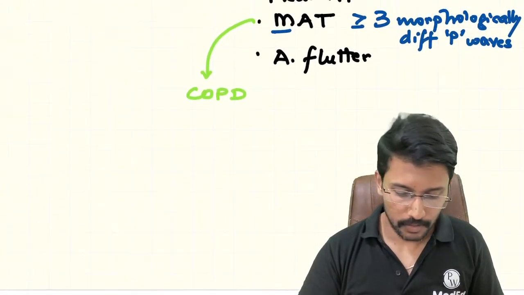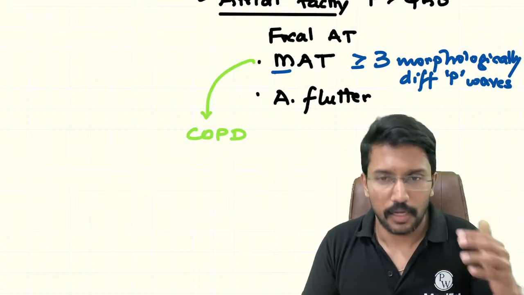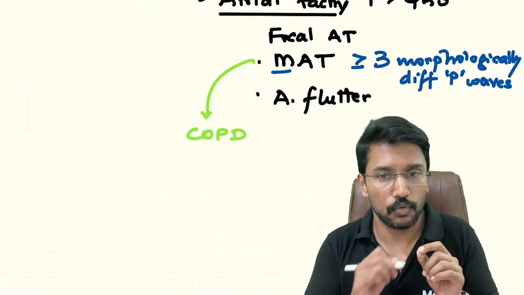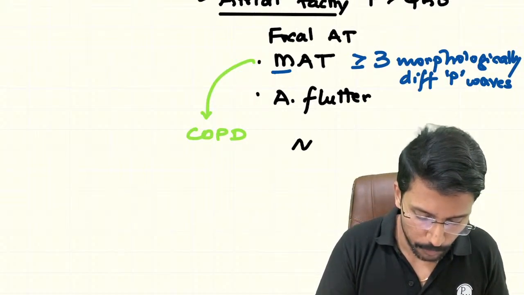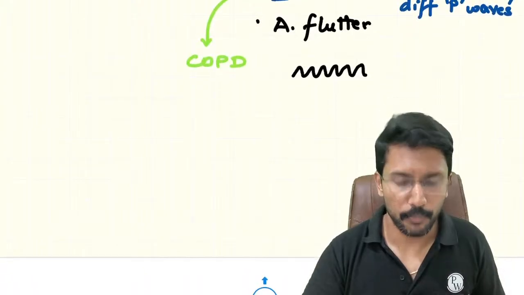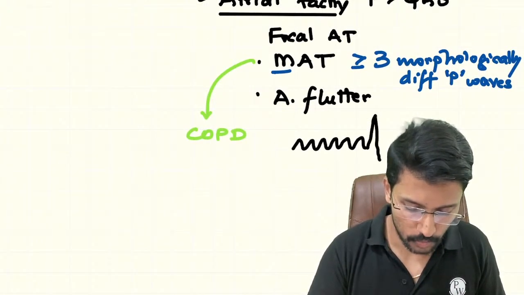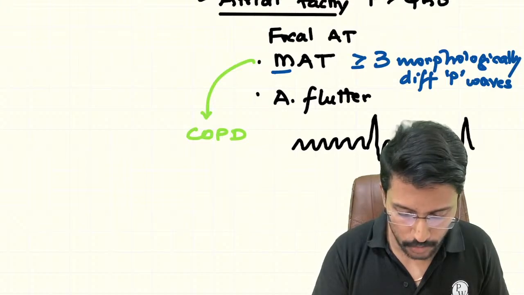And then atrial flutter. Atrial flutter is where the atrial rate is much higher than the ventricular rate, giving rise to the baseline appearing like a sawtooth. P waves are more than QRS complexes, right? So this is all P waves, then you will have one QRS complex. Again, many P waves, then one QRS complex.